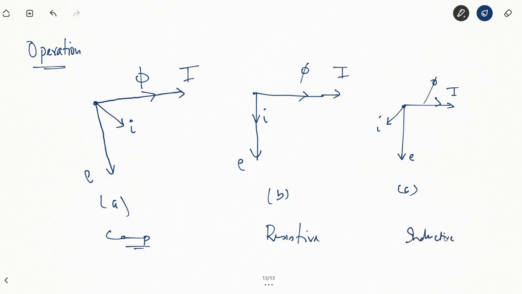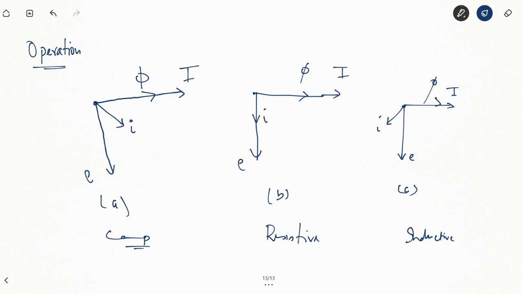So in the inductive case, the current small i flowing through the moving coil will be lagging behind the induced EMF. In the resistive circuit, small i and E will be in phase, and in the capacitive circuit, the current will be actually leading the induced EMF.